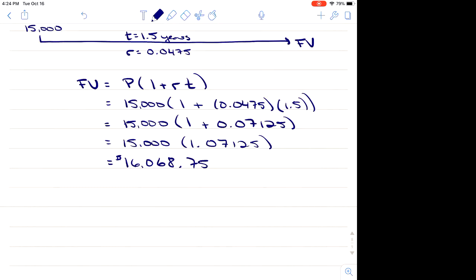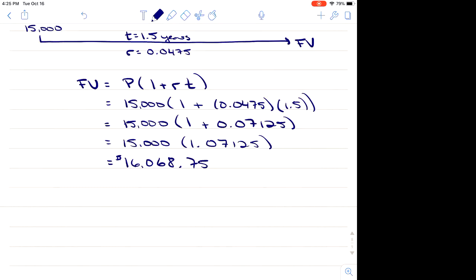I get 19,453. Something to do with the payment, potentially. I don't think it does simple interest. That's why. I'm pretty sure it doesn't do simple interest. But don't worry, we'll be out of simple interest in no time, and then we can just use our calculator instead of doing the calculations.